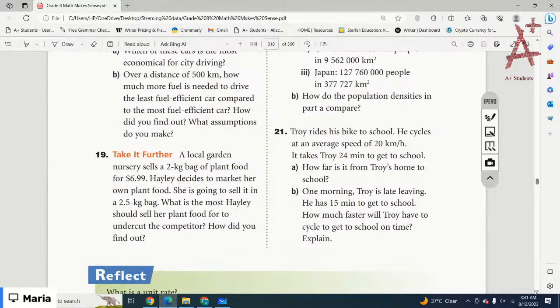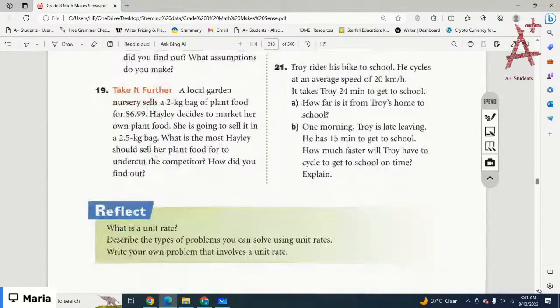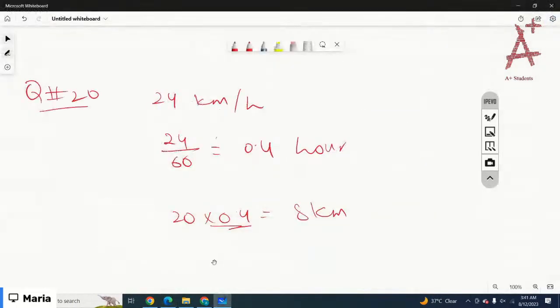One morning Troy is late leaving. He has 15 minutes to get to school. Okay, and the distance he has to cover is 8 kilometers, right? So that means he has to do 8 kilometers in 15 minutes. 15 minutes in hours, 15 over 60, is 0.25 hours, right?